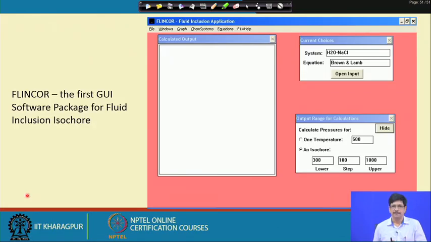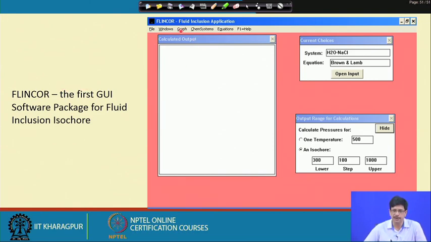Just about the time when these non graphical user interface computer codes were getting published for use of fluid inclusion workers to process their data and for volumetric calculations for density and isochore, right about the same time with Microsoft Windows coming, this particular package, FLINCOR, was published in about 1989 by Phil Brown from University of Wisconsin.